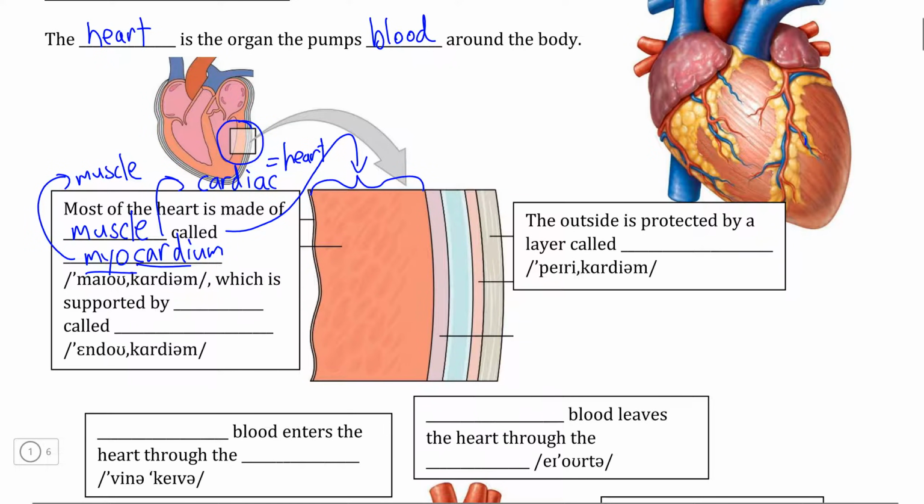is literally heart muscle. On the inside, the structural tissues that give the heart its characteristic shape are what we call endocardium.